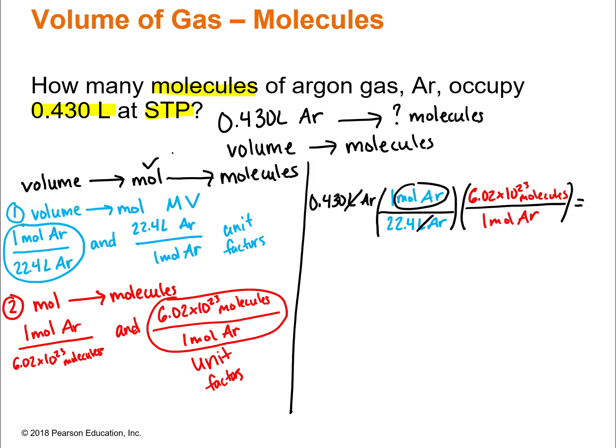We get to moles first. Then we get to molecules. Take your volume, divide by the molar volume of 22.4, multiply that by Avogadro's number. You should get 1.16 times 10 to the 22, and don't forget your units.